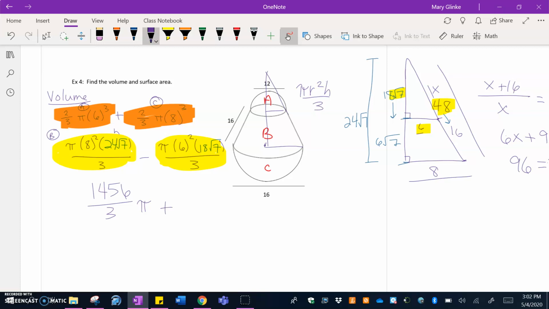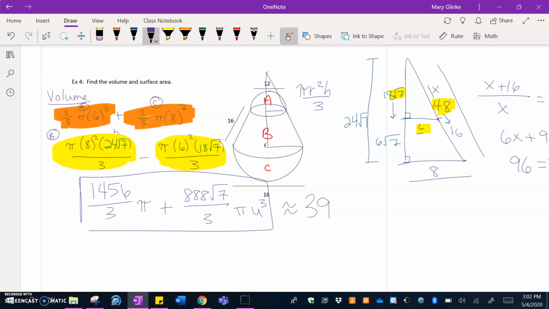And then I'm going to combine the parts with the radical 7s, and I'm going to get 888 root 7 over 3 pi, which would be our exact answer, units cubed for volume. However, it's not very nice, so I'll also write the decimal approximation to see if you got it right that way. 3,985.03 units cubed overall.